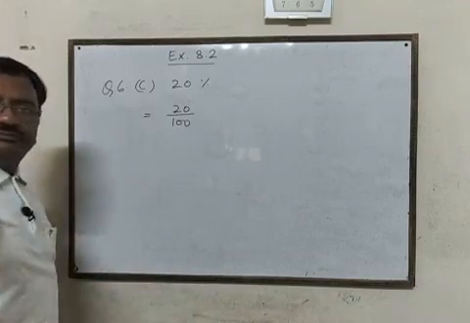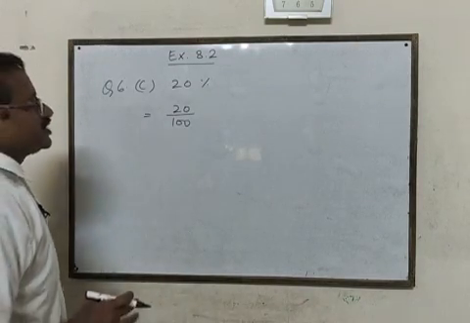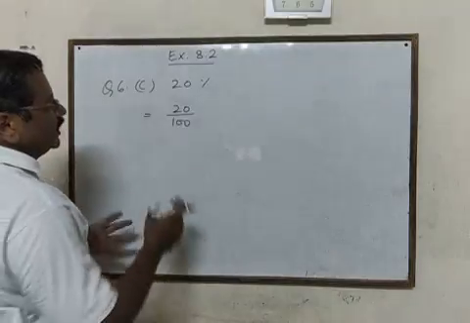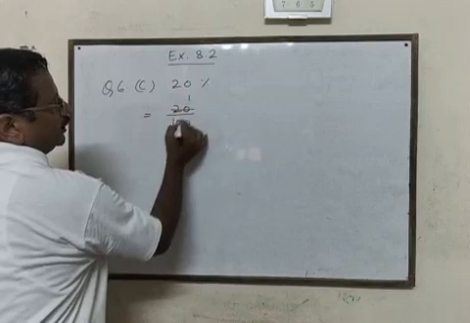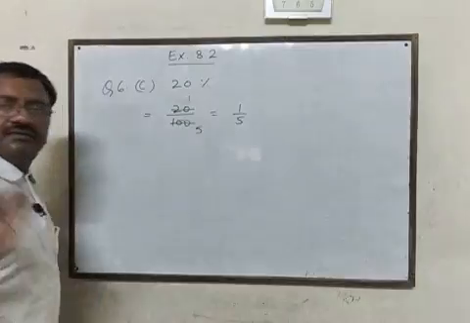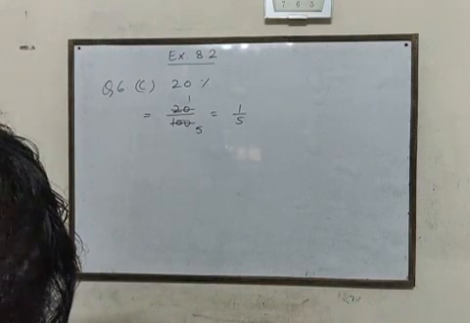Now it has become a fraction. But that fraction must be in the lowest form. It means if it is divisible by any table, then cut it. So 20 divided by 20 is 1, 100 divided by 20 is 5. No more cutting is there, then it is the simplest form of the fraction.